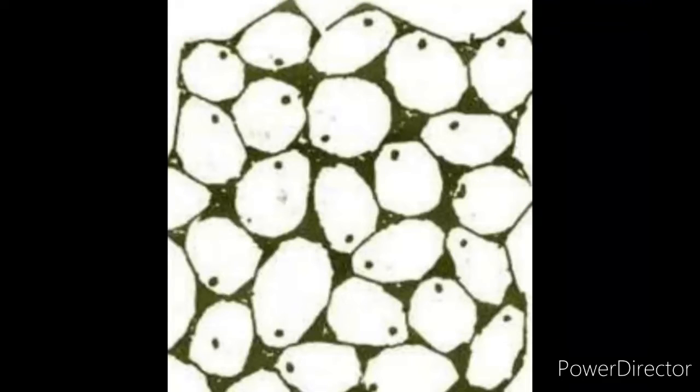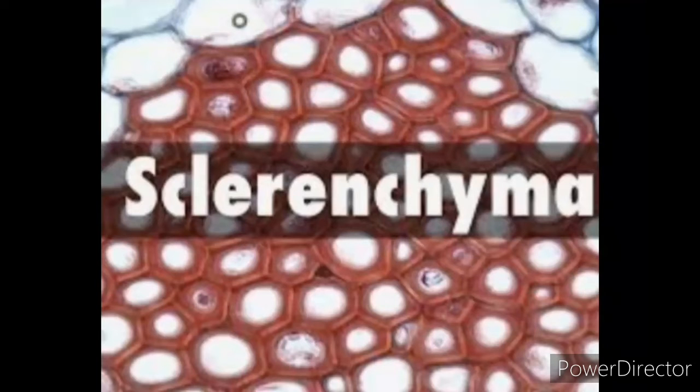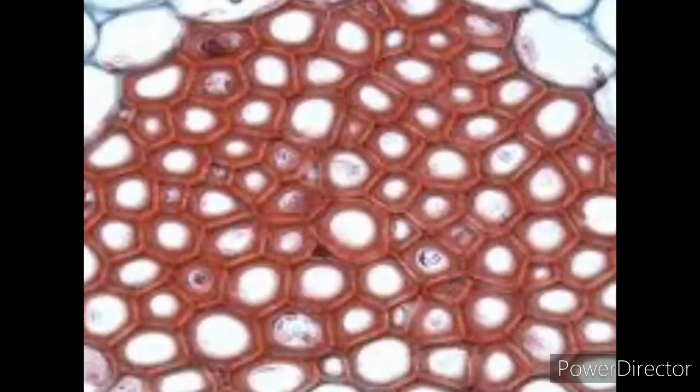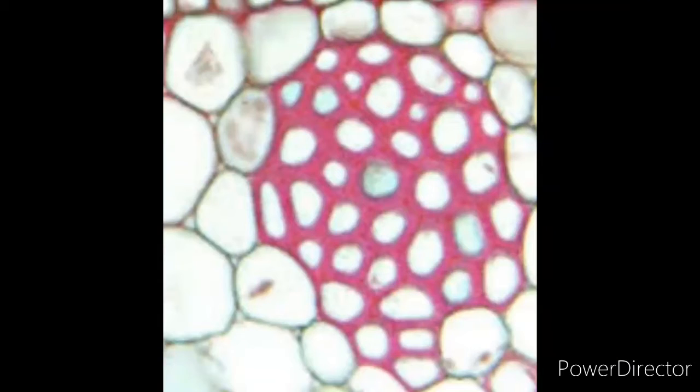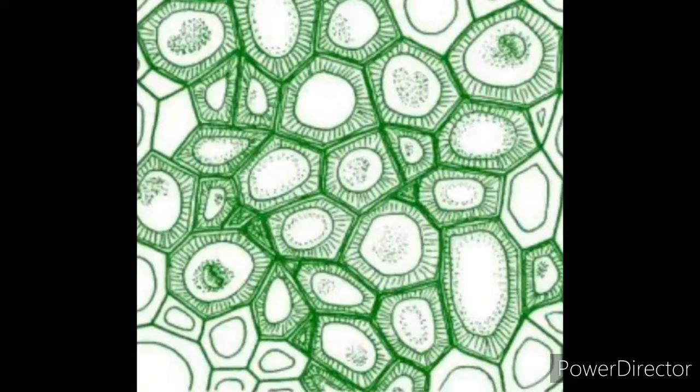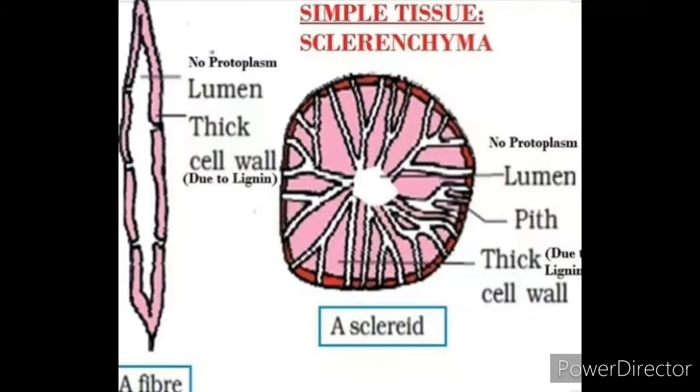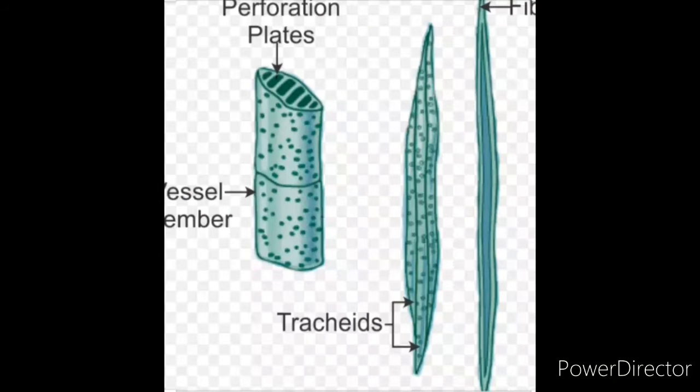And the third tissue is sclerenchyma. Listen to the sclerenchyma. Here you can see completely thick walled cells. And this thickening is fully due to lignin deposits. The sclerenchyma tissue consists of two types of cells, the sclereids and fibers. The sclereids are broad, whereas fibers are narrow.